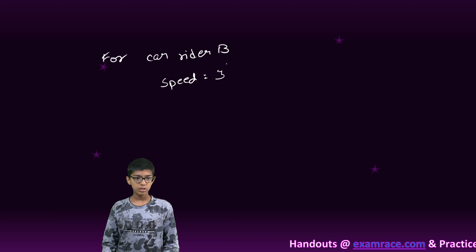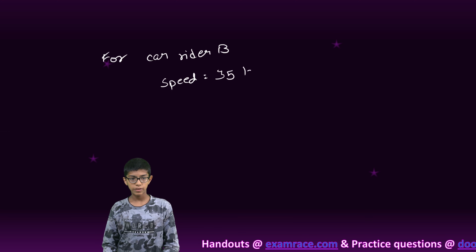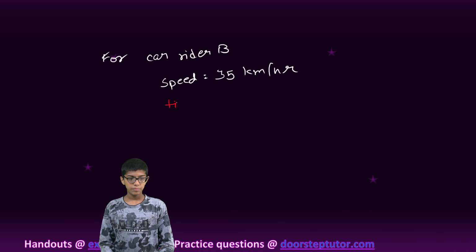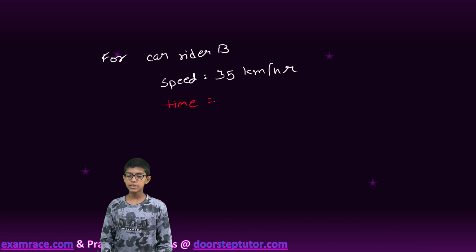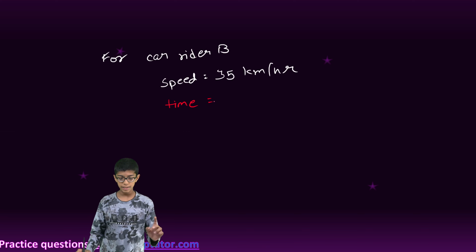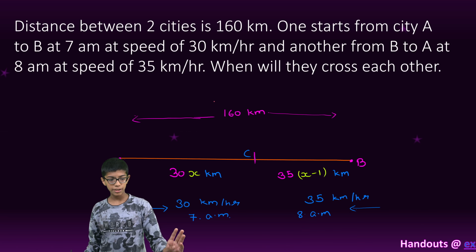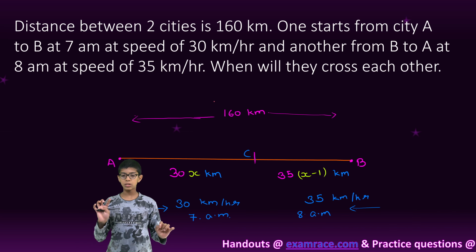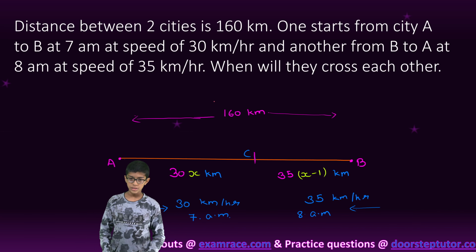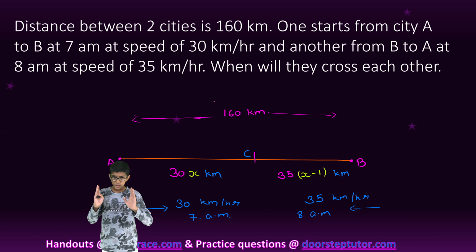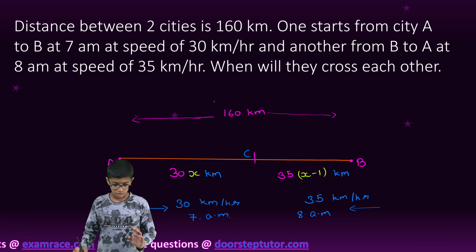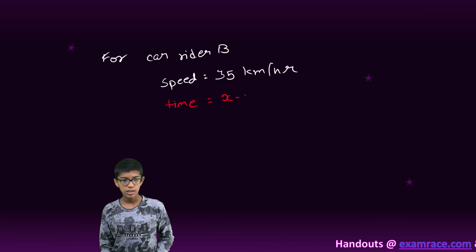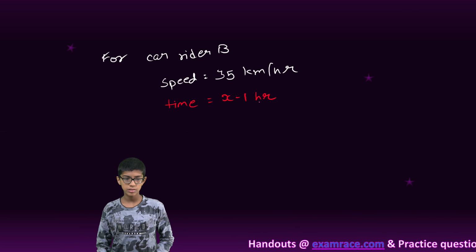Yes, so speed is 35 km per hour, but as he starts 1 hour later, that is at 8 am, but car rider A had already started at 7 am, so he has to cover the distance in the remaining hours. So in 1 less hour. So time taken is x minus 1 hours.